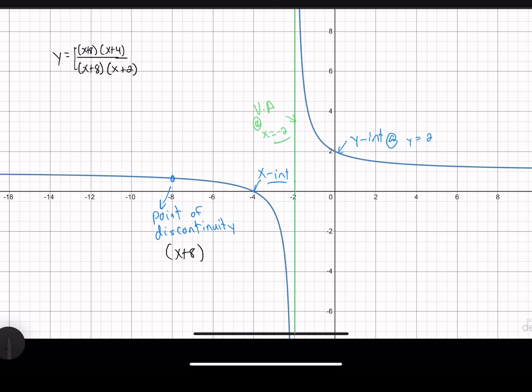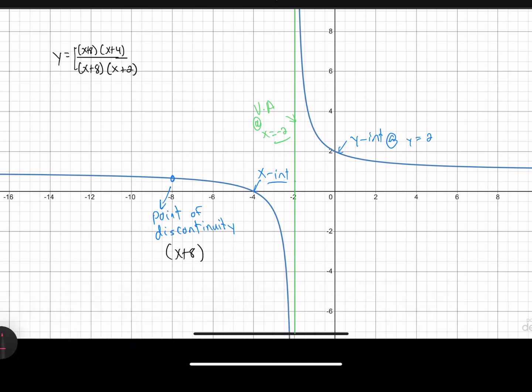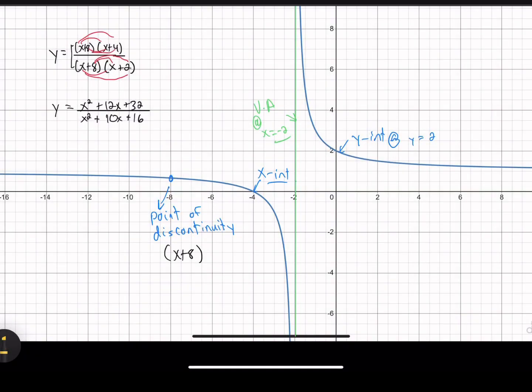But now, this gives us enough information to work backwards, FOIL the top and the bottom, and get our original rational expression. So that gives us the expression of y is equal to x squared plus 12x plus 32 over x squared plus 10x plus 16.